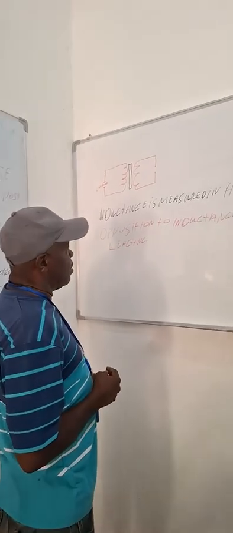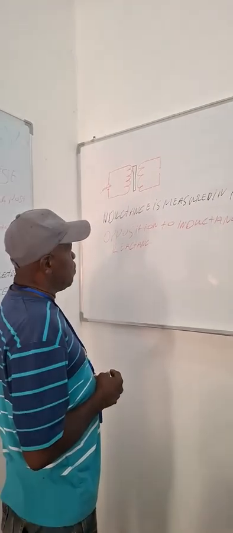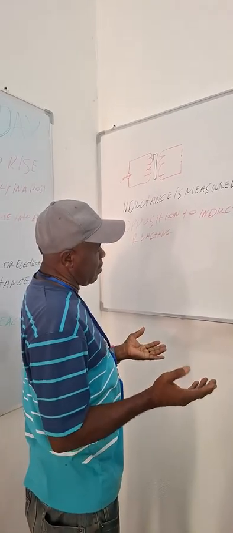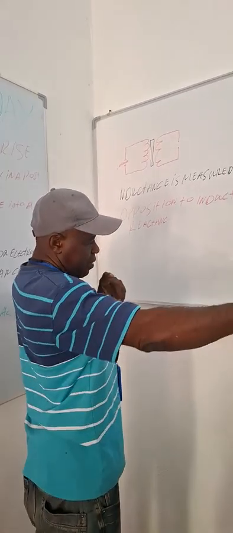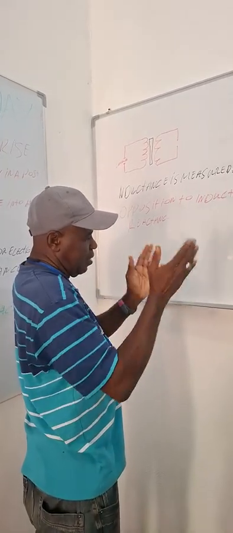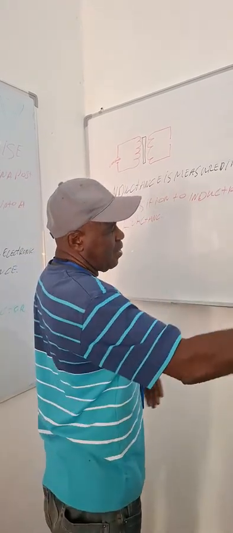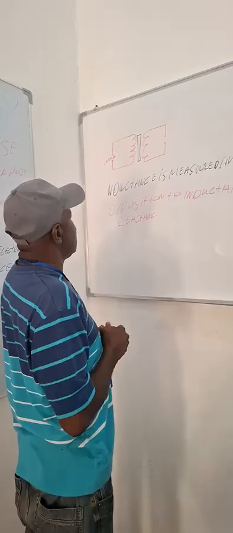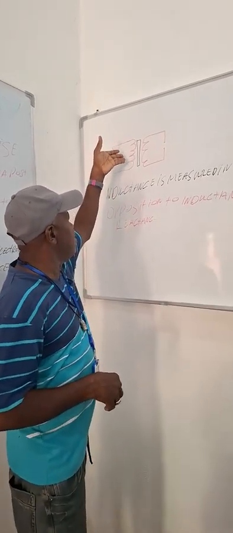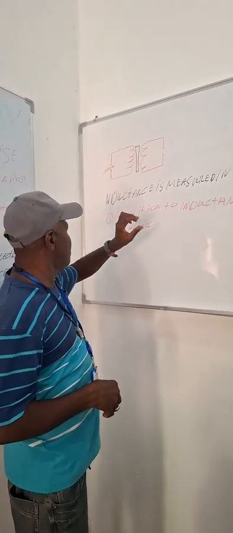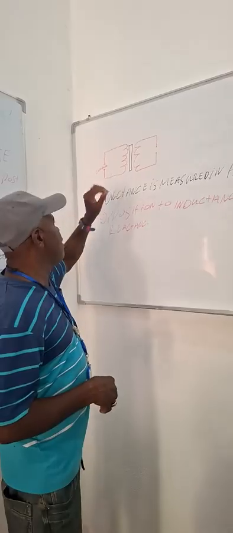A DC circuit, however, would have purely resistance, where the current is linear. Whatever is produced is just a resistive effect in the circuit, as opposed to an AC circuit where you have the inductor, the capacitance and the resistance.